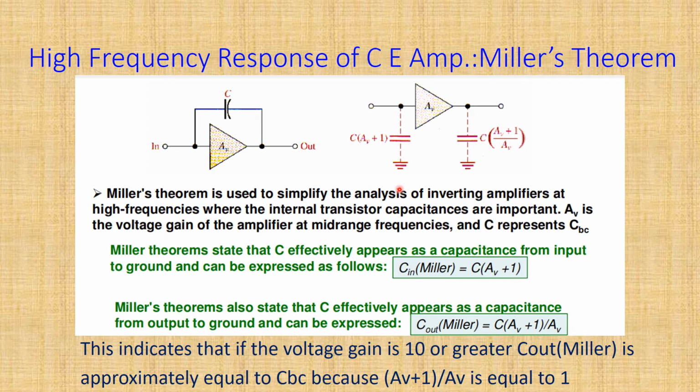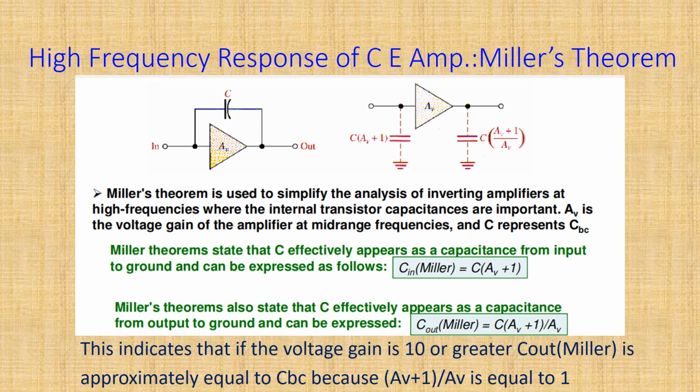For example, if CBC is present between the base and the collector junction, but the gain of the system is positive, then we need not apply Miller's theorem. You will come to know when we are solving our example. Fine. So Miller's theorem is used to simplify the analysis of an inverting amplifier at high frequencies where the internal transistor capacitances are important.